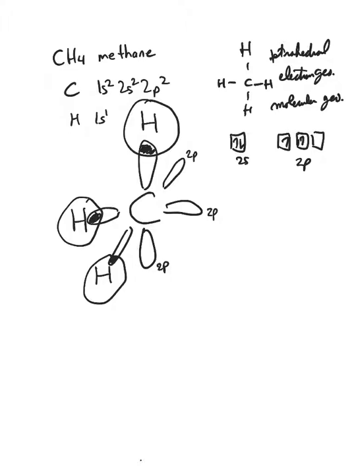Uh-oh, because we still got another hydrogen to go. But there's no more p orbitals available for any overlap. Remember, it takes 2 lobes to make up a p orbital. And so we can't go putting any more hydrogens on here. So we don't have any more atomic orbitals left to overlap to make a bond with that 4th hydrogen.